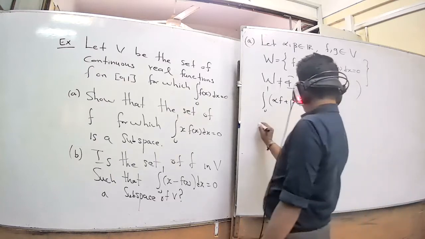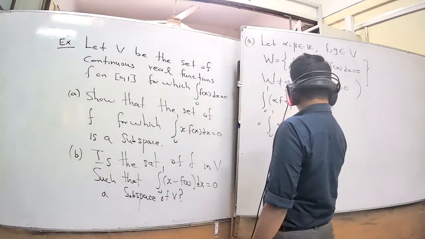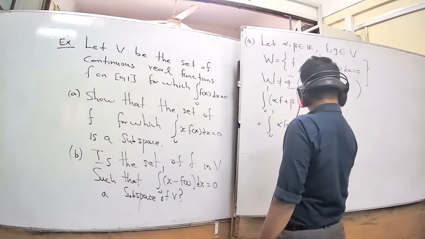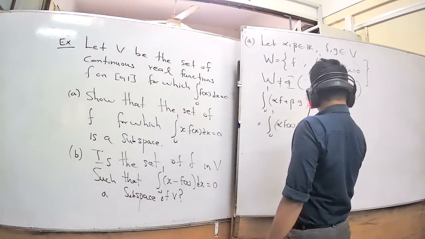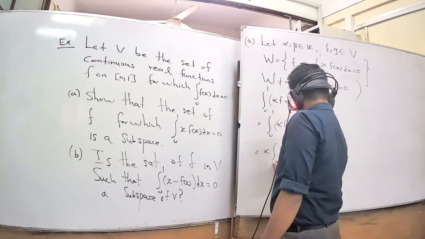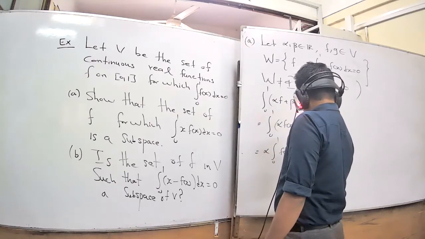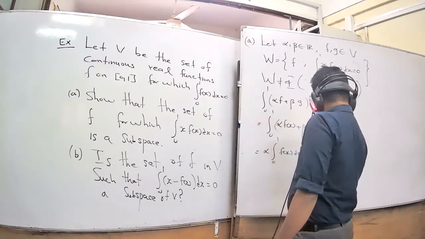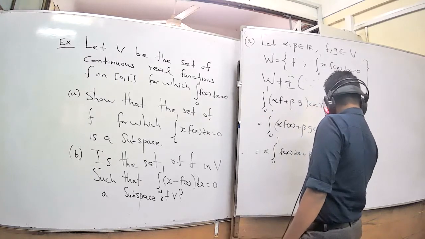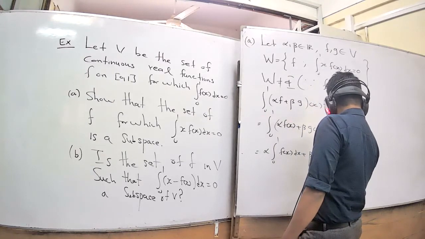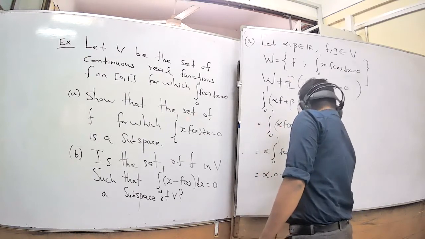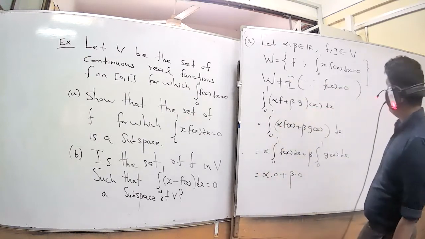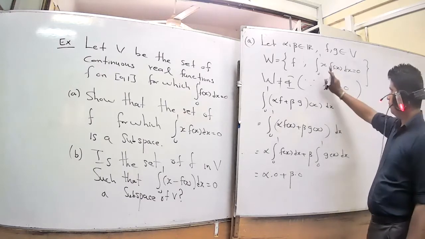So this integral is from 0 to 1 of x (alpha f(x) plus beta g(x)) dx. So it is alpha times the integral from 0 to 1 of x f(x) dx, plus beta times the integral from 0 to 1 of x g(x) dx. Sorry, there was a mistake, the x was missing. So it is alpha times 0 plus beta times 0, because f and g belong to W and satisfy this condition.